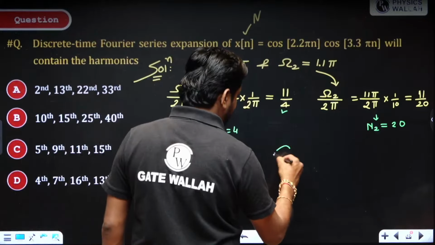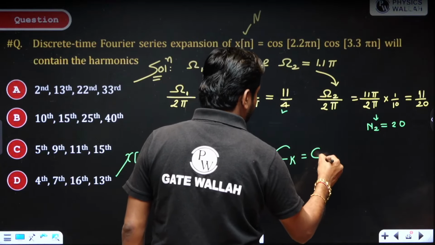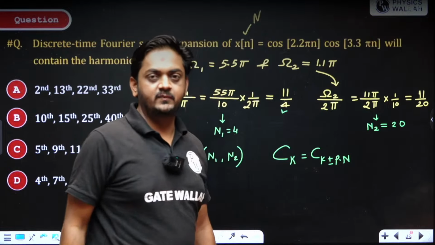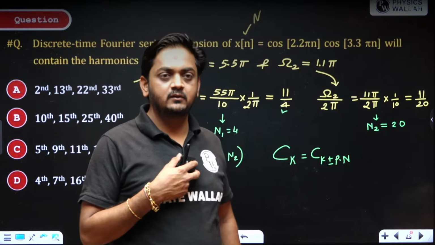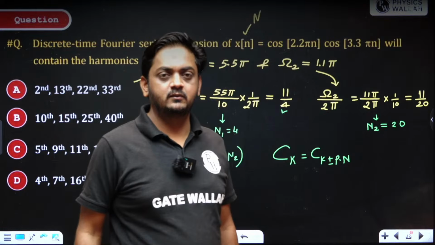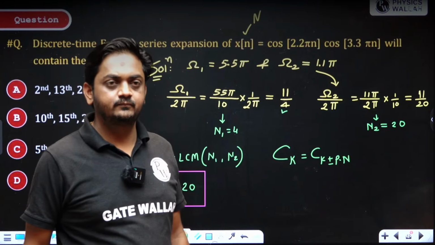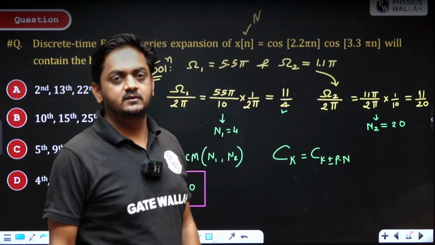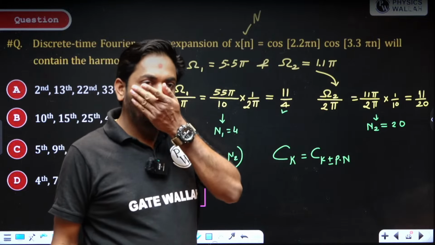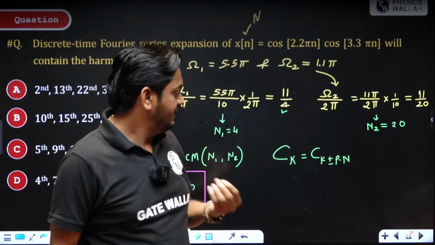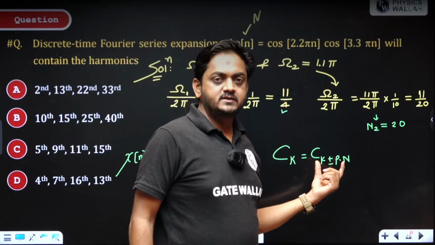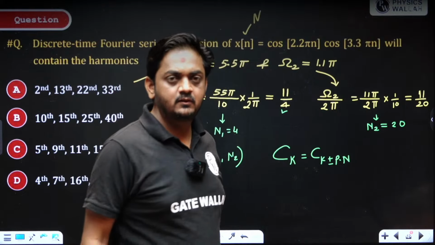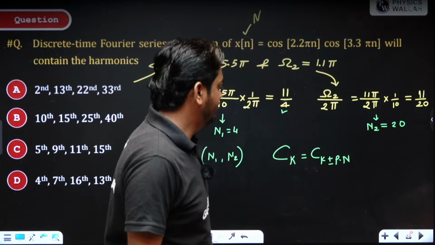The coefficient Ck is periodic, that is Ck is equal to Ck plus or minus P into capital N, where P is an integer and capital N is the fundamental time period, with P taking values 0, 1, 2, 3. Ck is periodic, that's why you can use this property.